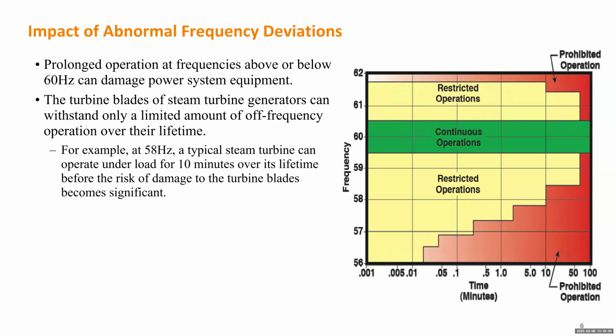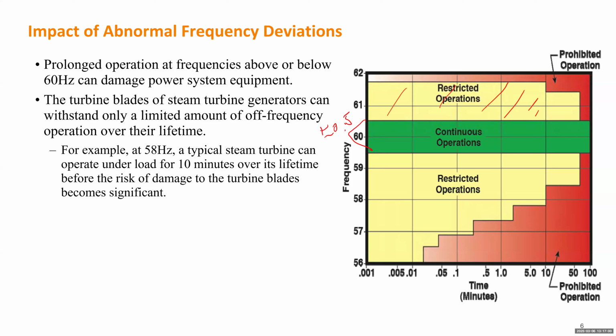So the chart indicates that if you can maintain the frequency within half a hertz, positive or negative 0.5 hertz, usually it's fine. You can ignore the damage to most turbine generators. But if it's over half a hertz, you will move to this yellow area.